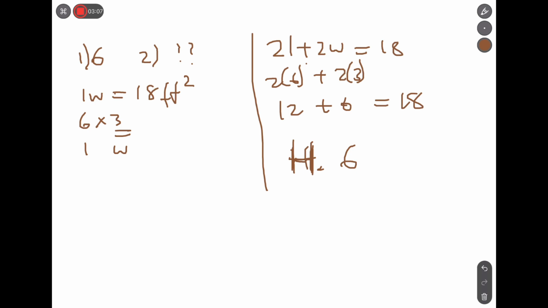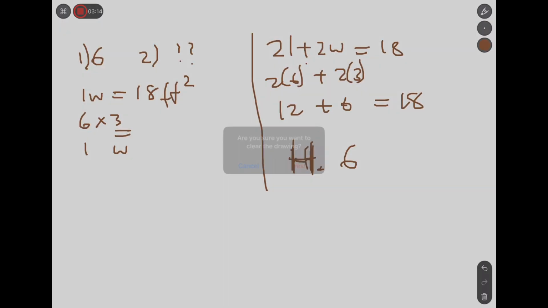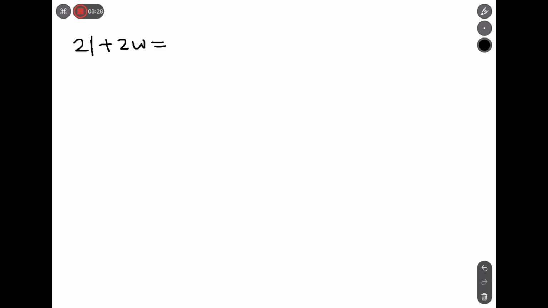Just for the sake of seeing how the problem is done in the second method, why don't we go ahead and do that now. Let's say we wanted to solve the same problem. How would we go about solving it? Once again, we know that the perimeter of that rectangle is equal to 18, and the perimeter is 2 times the length plus 2 times the width.